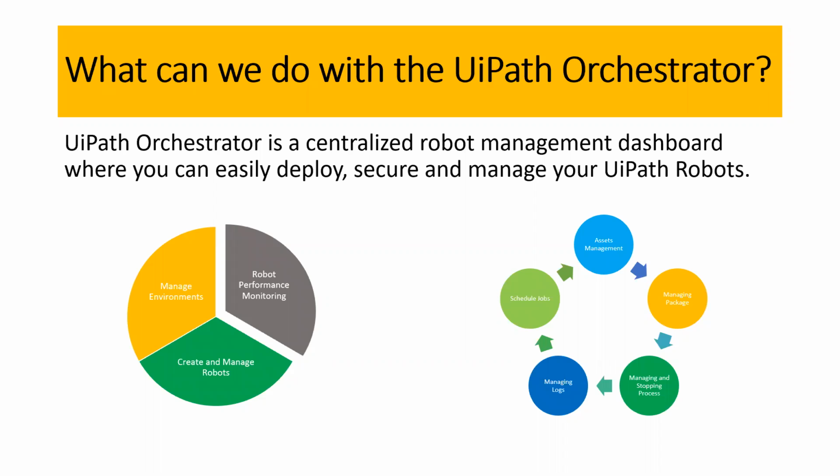An environment is like a group of robots configured in Orchestrator. Processes can be allocated to individual robots, but it's more effective to allocate them to environments. And you can create and manage robots also.